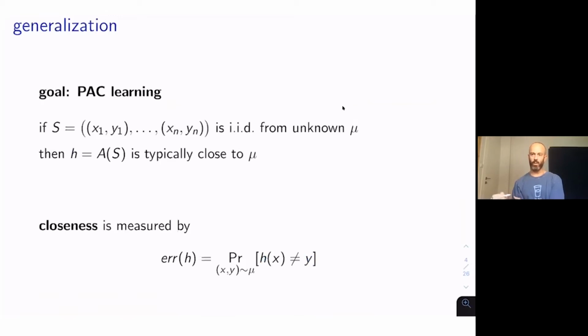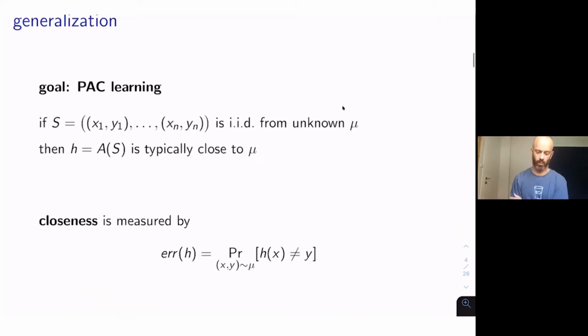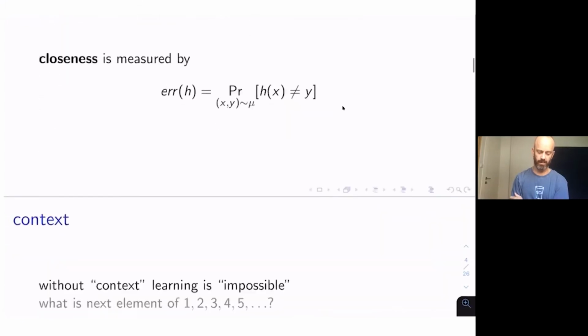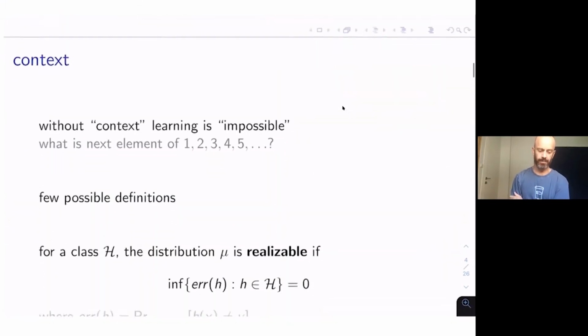So this is the way we measure the quality of the output of the algorithm. Okay, and so this type of guarantee is called generalization. We want to generalize, and PAC learning is a specific way to formalize it.